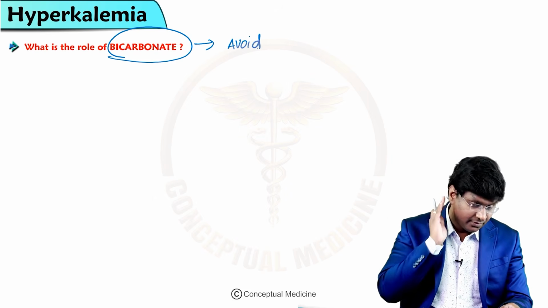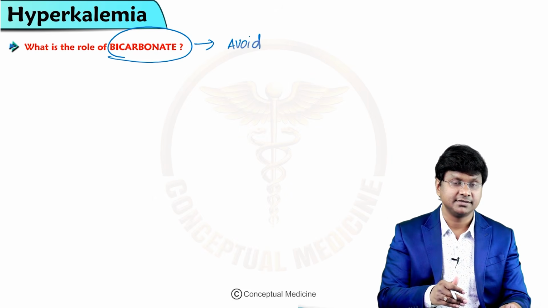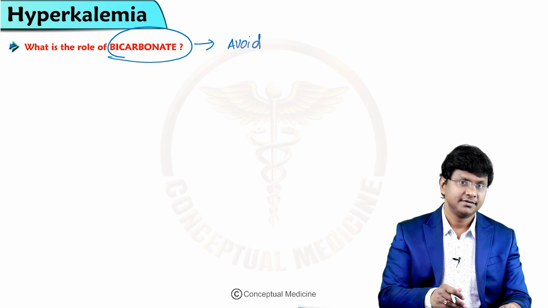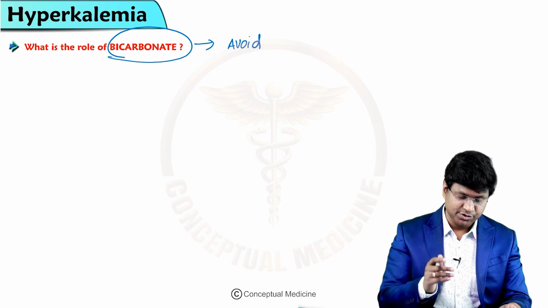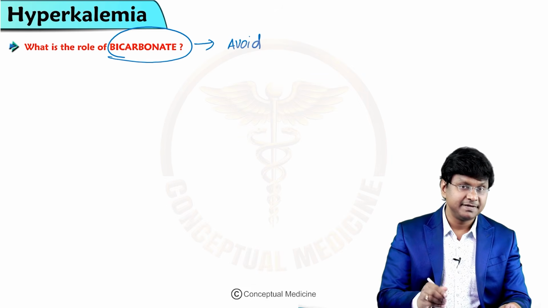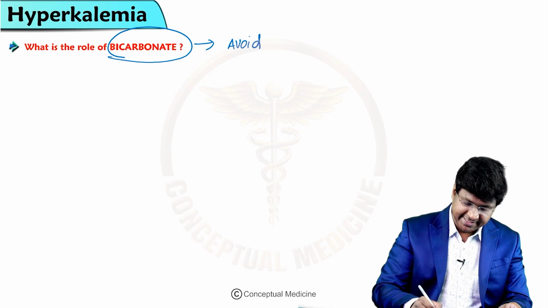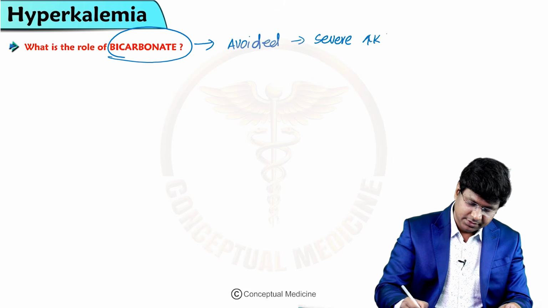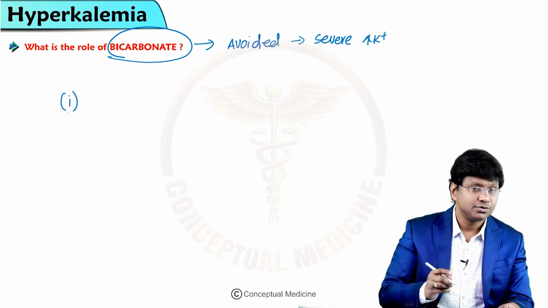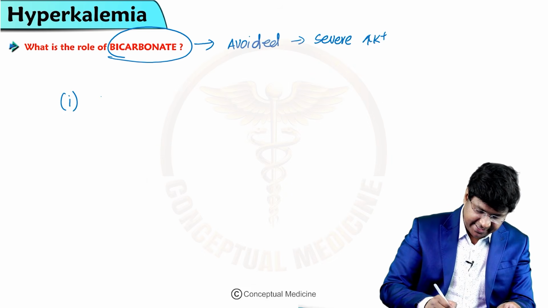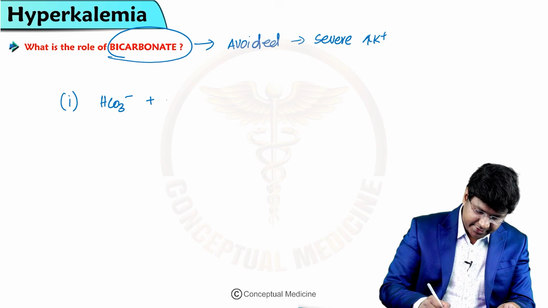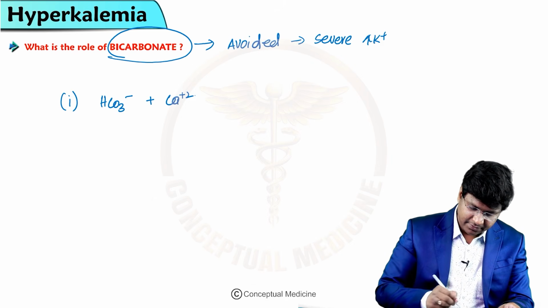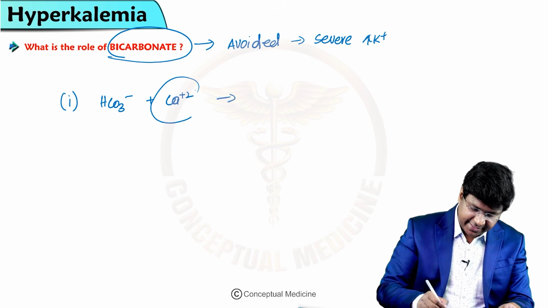Whenever there is acidosis causing hyperkalemia, for the treatment of acidosis, you may give bicarbonate. But please remember, bicarbonate is avoided in patients with severe hyperkalemia. One reason is that bicarbonate can form complexes with calcium. And why are you giving calcium?